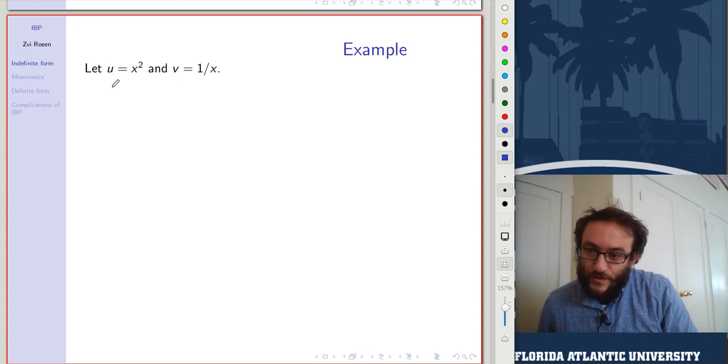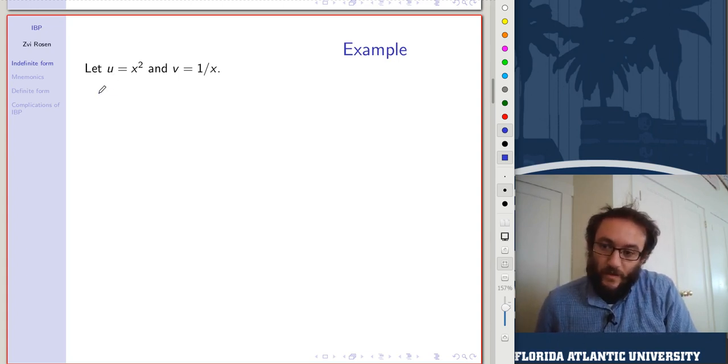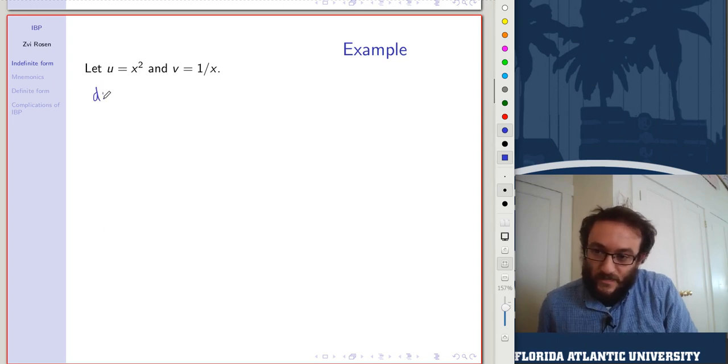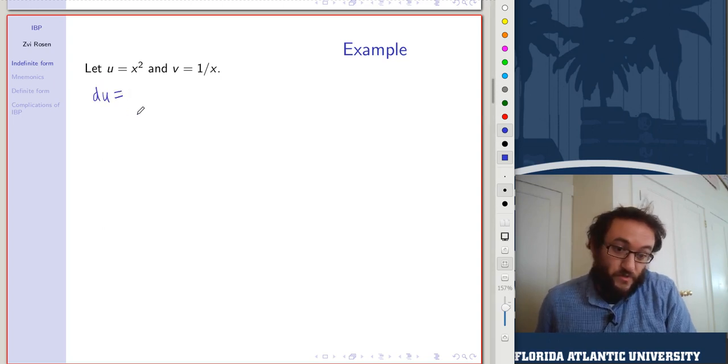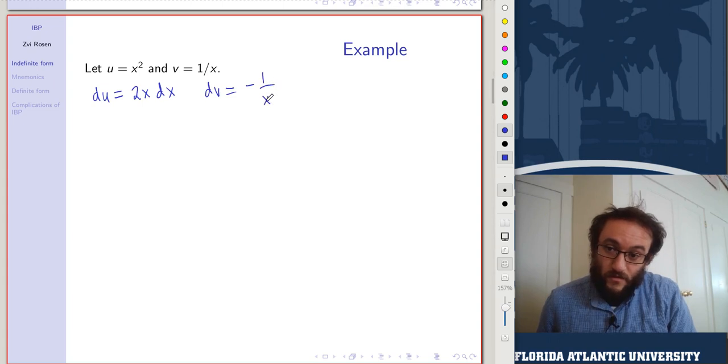So we have u equals x squared and v equals 1 over x. As we just mentioned, du is equal to the derivative of u with respect to x times dx, so we get 2x dx, whereas dv is equal to the derivative of v with respect to x times dx, so we get dv equals minus 1 over x squared dx.